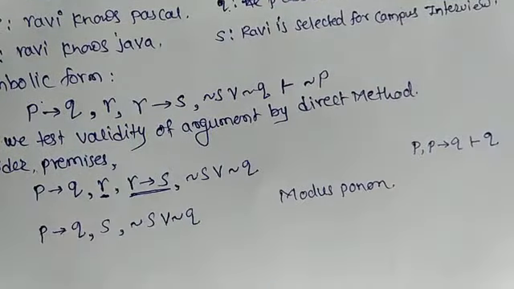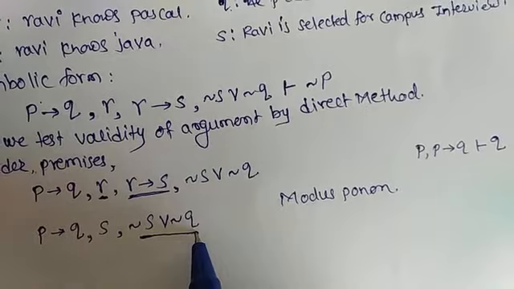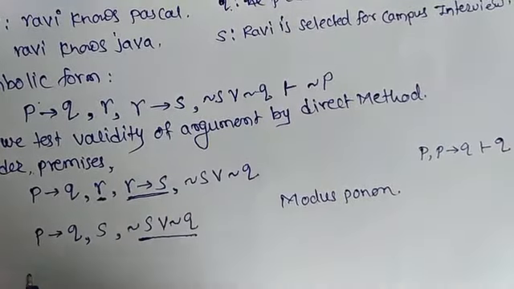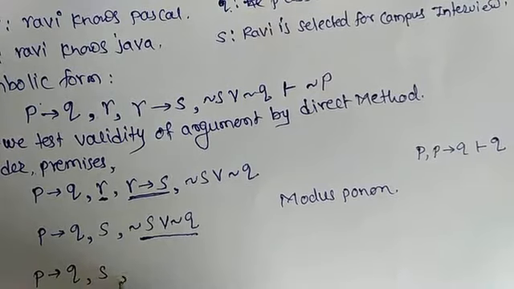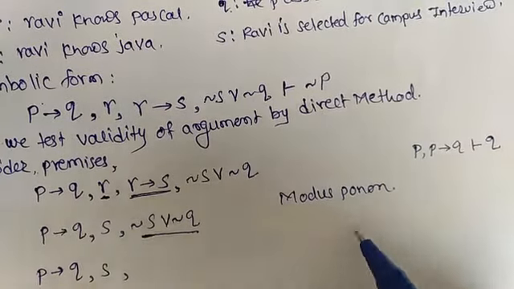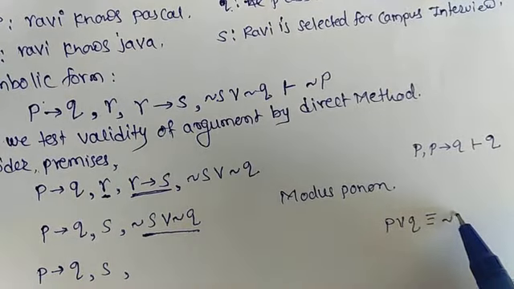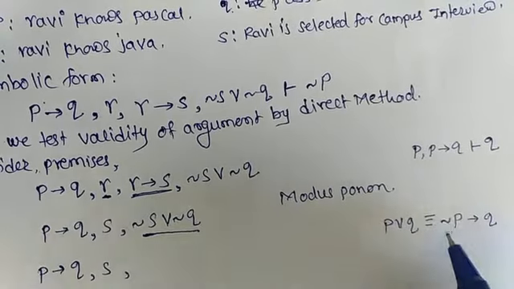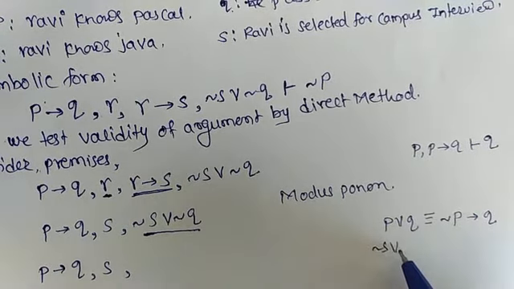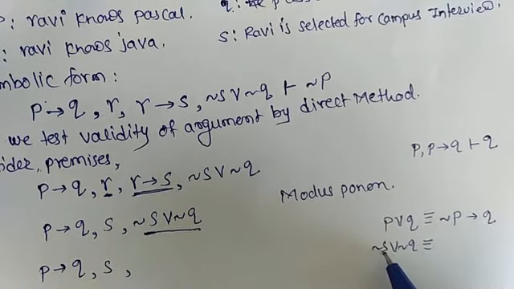Now next we convert negation S or negation Q into implies form. So it will be P implies Q, comma, S. Here, when it is P or Q, it is equivalent to negation P implies Q. Now here it is negation S or negation Q. That means it will be equivalent to its first term getting negated.